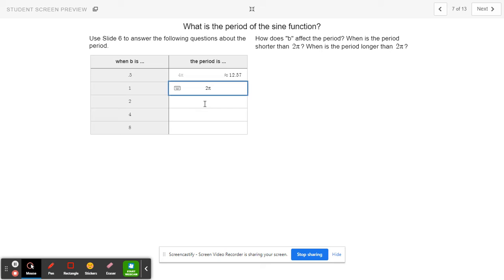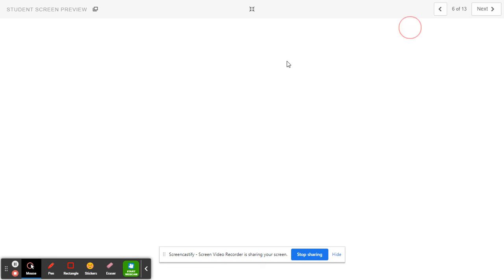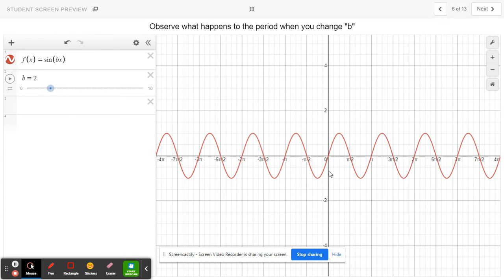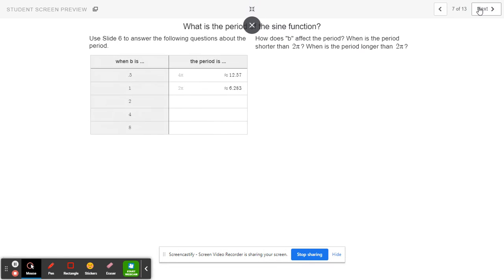When b was 2, let's go back and make b 2. Take a quick look at that again. When b is 2, now the period is pi units long. So this takes pi units to complete one cycle. And then what if b is 4?